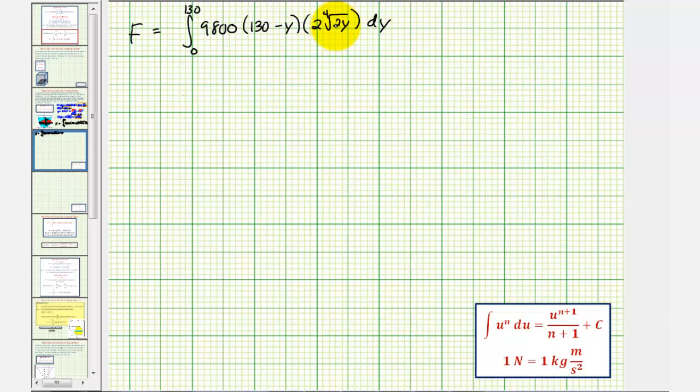Let's go ahead and factor out 9,800. Let's also factor out the 2. Now we can write the fourth root of 2y as 2 to the 1/4 times y to the 1/4. So let's also factor out 2 to the 1/4.